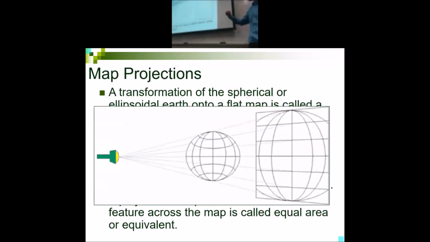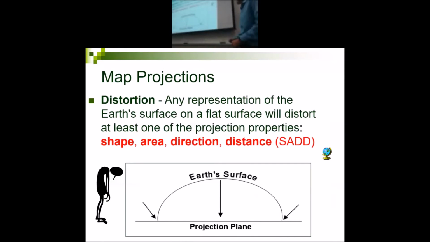So we have different projections, basically how 3D can be projected onto 2D, because everything that we look at on our screens is 2D. You know, like I said before, when we wrap up a Christmas present or birthday present or anything like that. No matter what, we're always going to have some type of distortion. We call it SAD: shape, area, direction, distance.